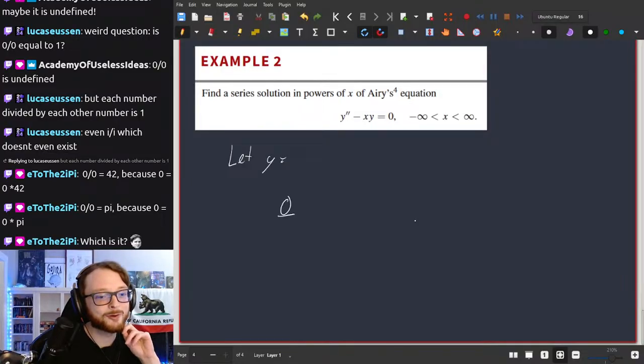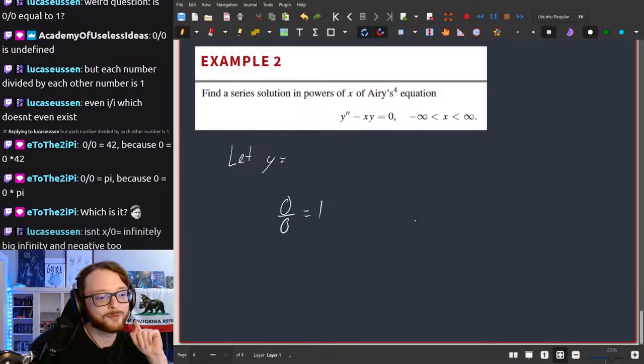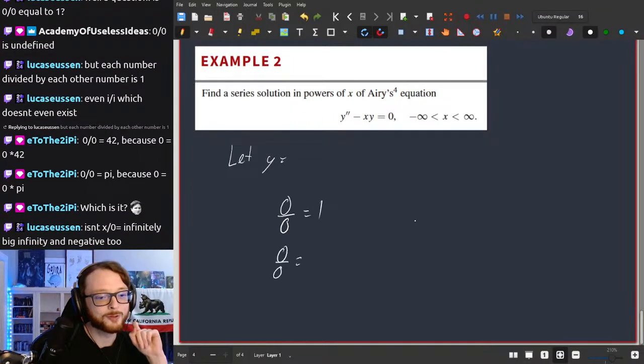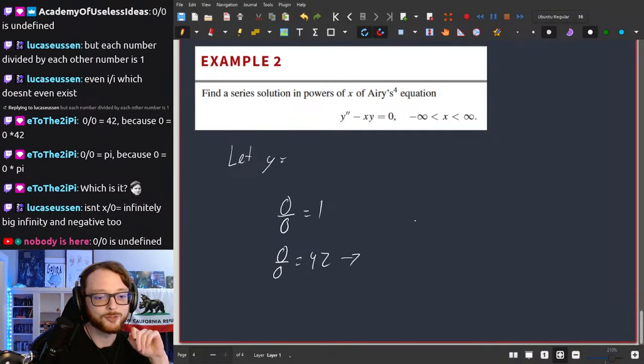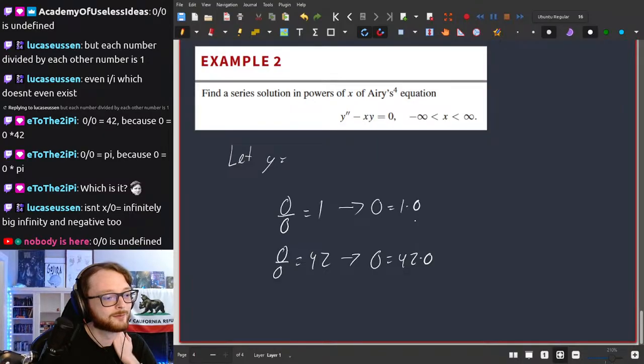If you allow 0 over 0 to be equal to 1, you could equally as validly say 0 over 0 equals 42 like Zach said, and rearrange it to be 0 equals 42 times 0, which is a true equation, but so is this equation up here. And how do you choose just one thing? That's the point that Zach is making there.